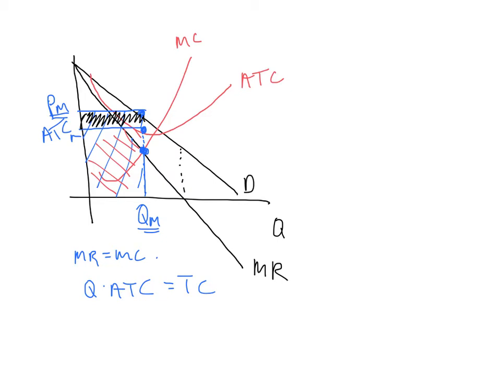Unlike competition, this monopolist is earning a profit, and there will be no entry immediately to compete that profit away. Why? Because of barriers to entry. So this profit-making monopolist can continue to make these profits ad infinitum or until somebody figures out how to overcome the barriers to entry.